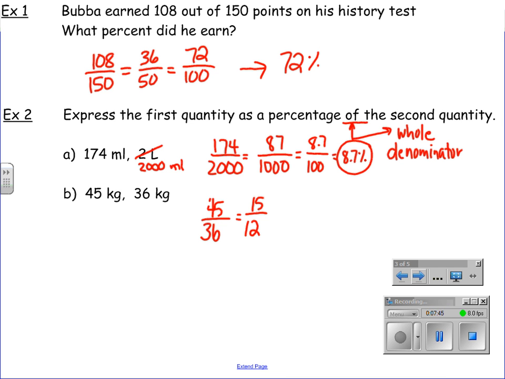Connor, is there another factor? What could we go further to? 5 and 4. Not times 20, we want hundredths. 25.